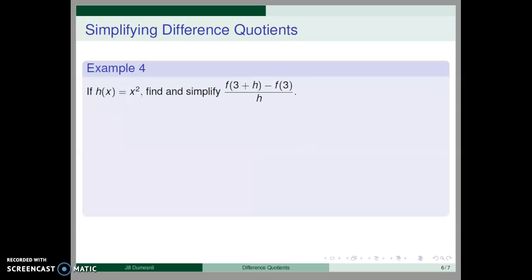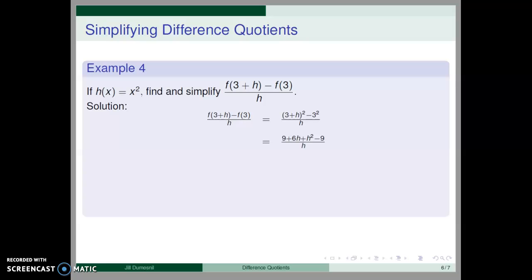For example 4, let's alter the look of the difference quotient and use a quadratic function. Once more, function evaluation will be critical. Note that f of 3 plus h is 3 plus h quantity squared. Remember also that the technique for squaring a binomial is to FOIL or distribute.